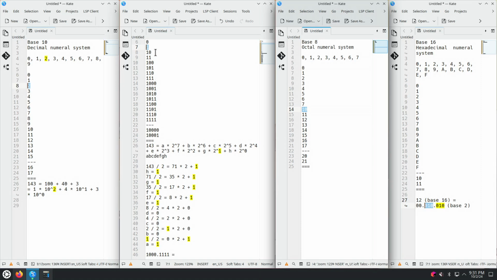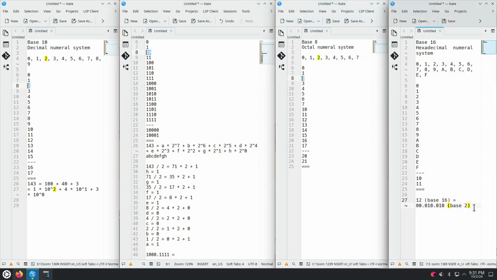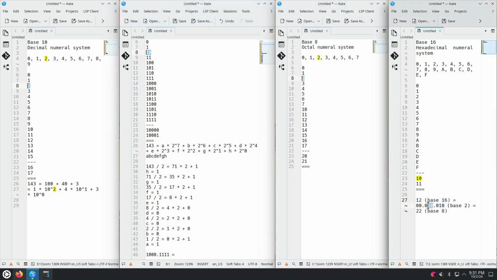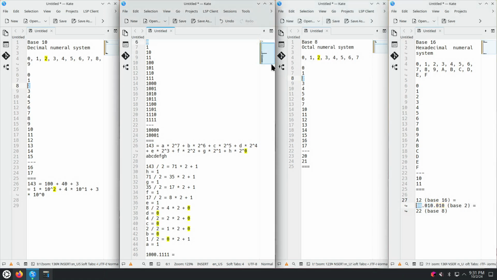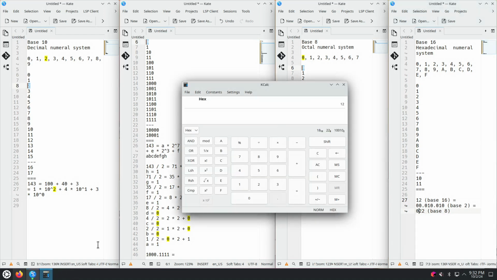This guy. That's a 2 and 2. 2, 2 in base 8. So this 0, 1, 0 is this, and another 0, 1, 0 is this. And this 0, 0 is this. So it would be 0, 2, 2 in base 8, which is 2, 2 in base 8.